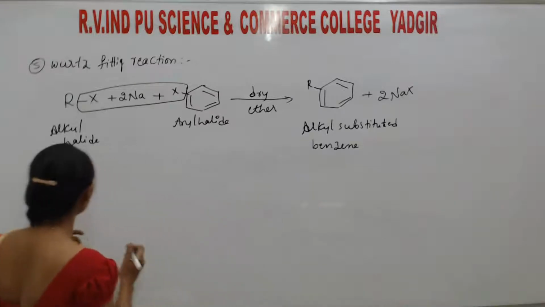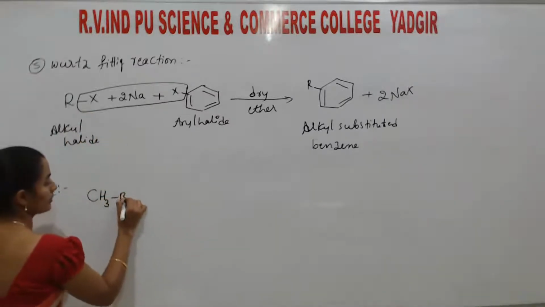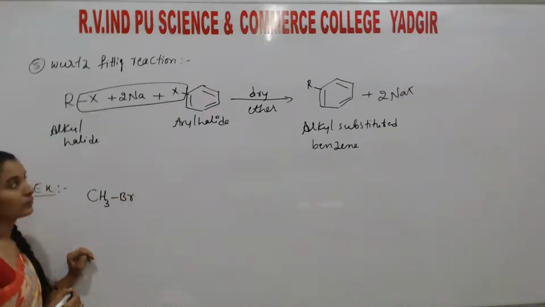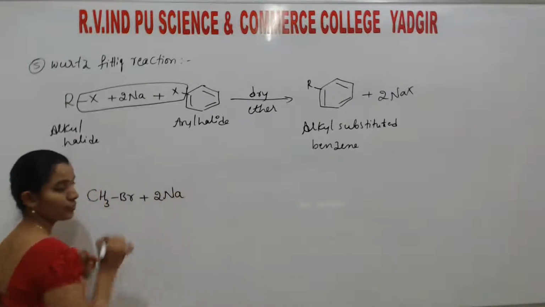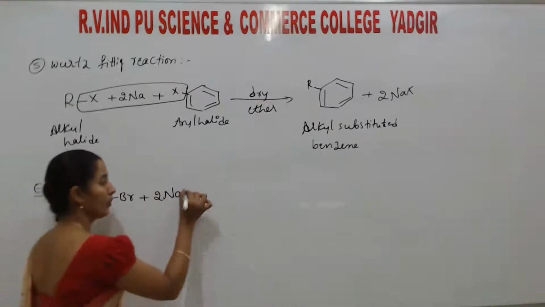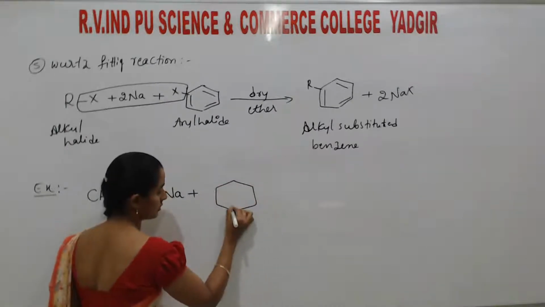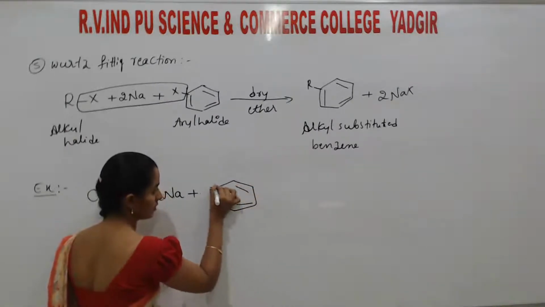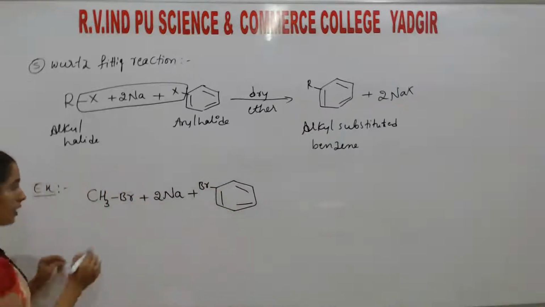Okay. So next here, for this alkyl, I take methyl bromide plus 2Na plus the aryl halide.